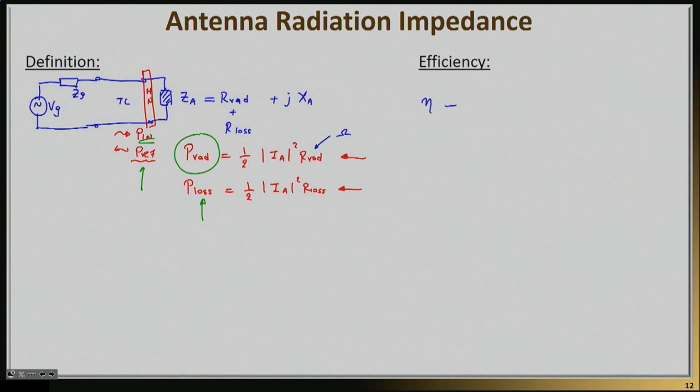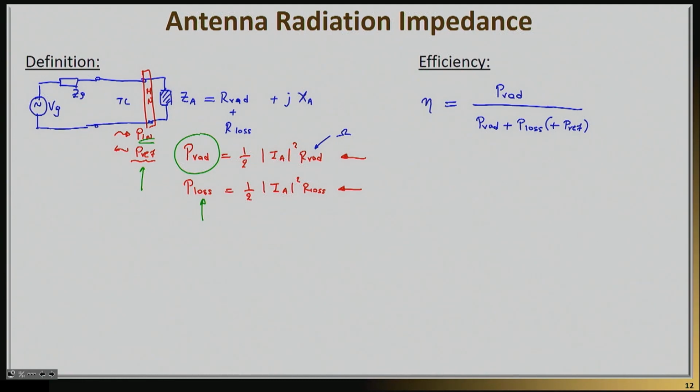So the efficiency eta is nothing else but the power that is being radiated over the power that is being radiated and the power that is being lost. And sometimes people will also insert the power that's being reflected in the sense that this is not really radiated. Most of the time, though, we will try to make that reflected power as small as possible, if that is something we can actually do.